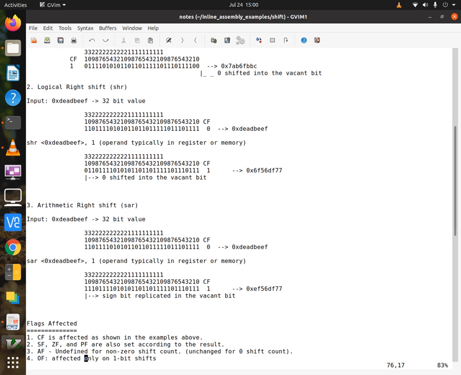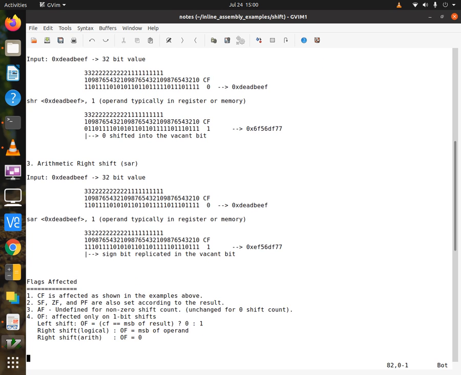When we look at the status flags from the examples above, it should be clear that the carry flag is always affected, because it does not depend on what kind of shift we are doing. The carry flag always gets either the most significant bit or the least significant bit, depending on whether we are doing a left shift or a right shift. The sign flag, zero flag, and parity flag are set according to the result of the operation.